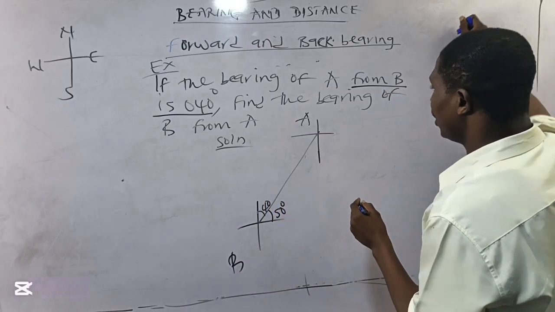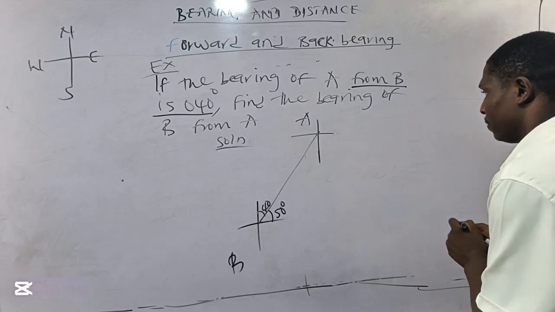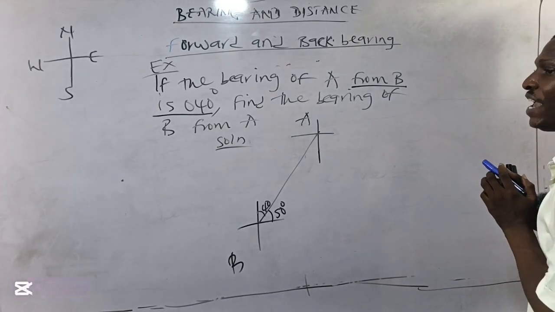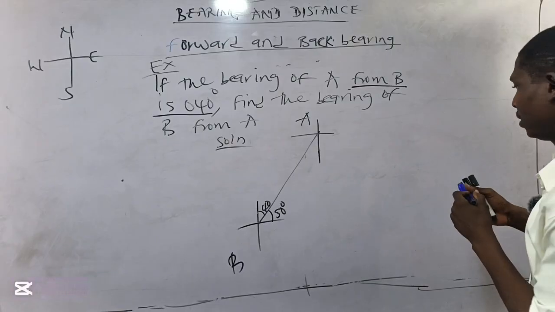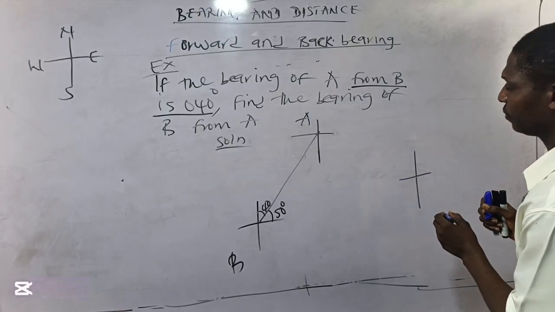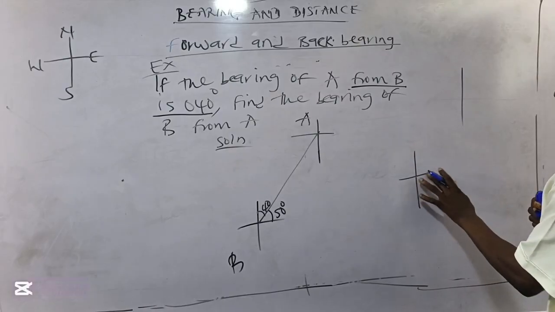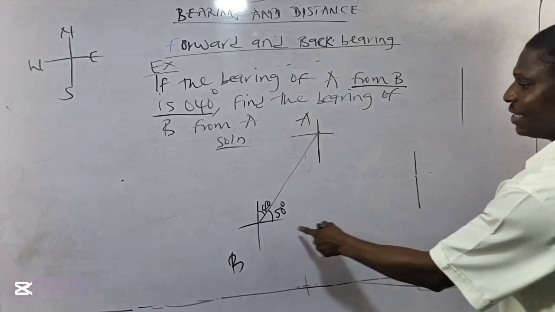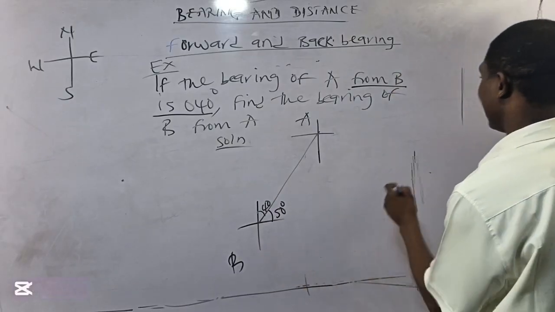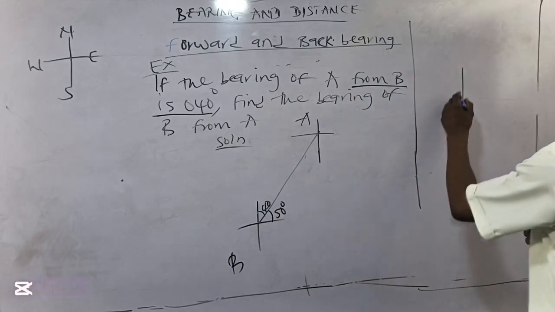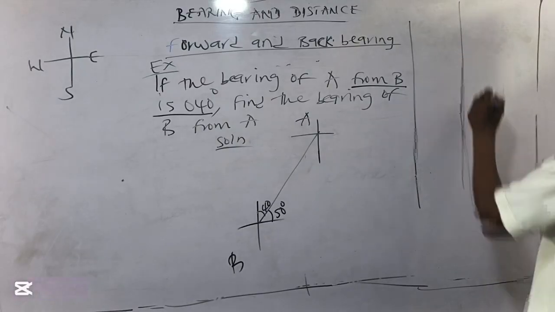Now, what you must take note of is that there's what we call alternate angles in bearing. It is very, very important. If I have this, and I also have this, take note: this is not south, it's a perfect vertical line. This is also not south, it's a perfect vertical line as well.